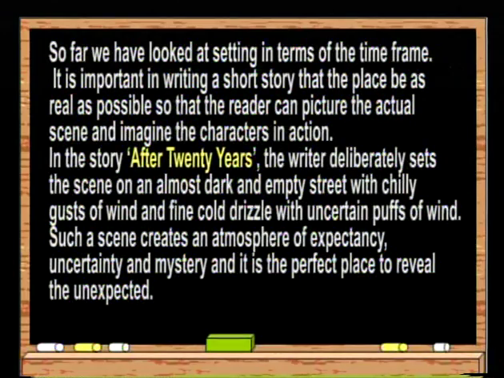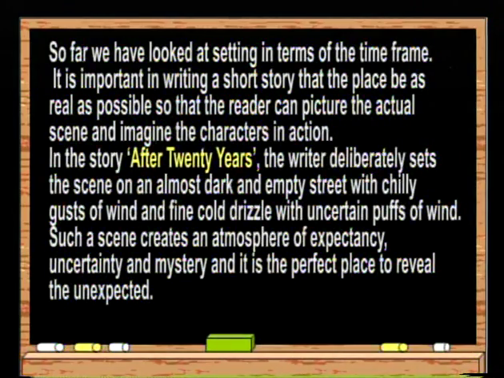So far, we have looked at setting in terms of time frame. It is important in writing a short story that the place be as real as possible so that the reader can picture the actual scene and imagine the characters in action.